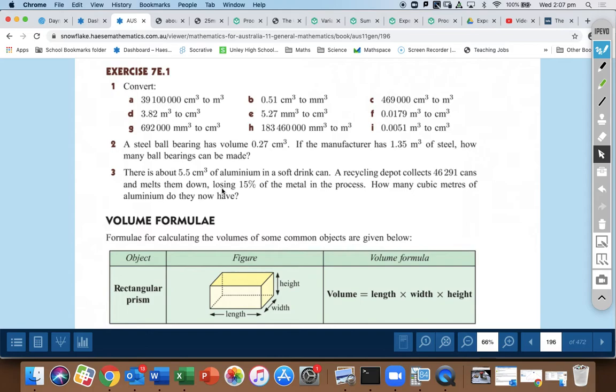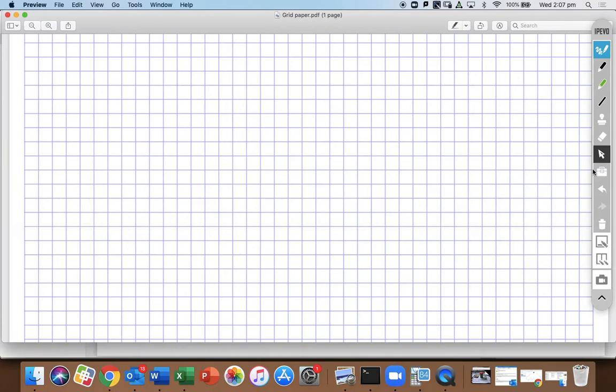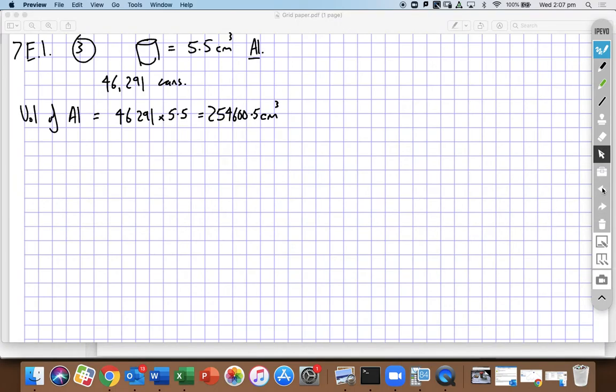So let's deal with this. We have to think about, well, that's our volume, but we've lost 15%.